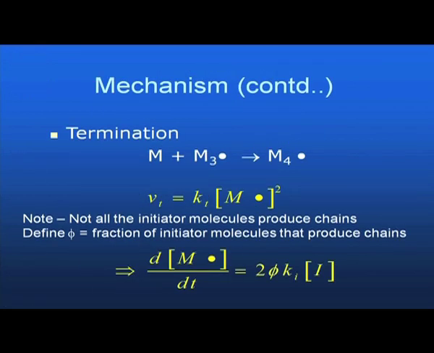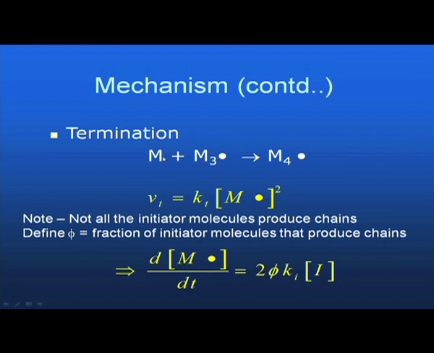And there is a termination step also, that M plus M3 may give M4, which is a termination step. It may be something else also, it is just a representation. So, the rate of termination is K termination times, say, M dot square, because 2 M dot give rise to another product.